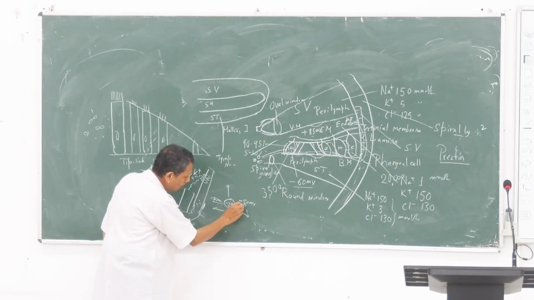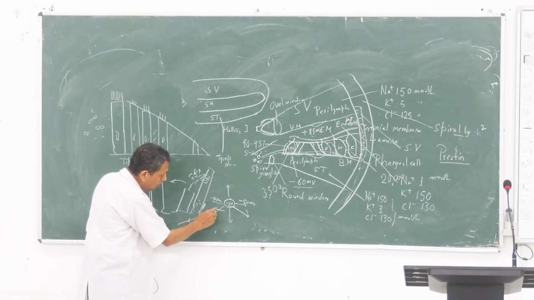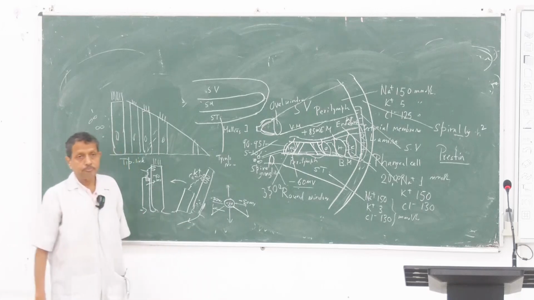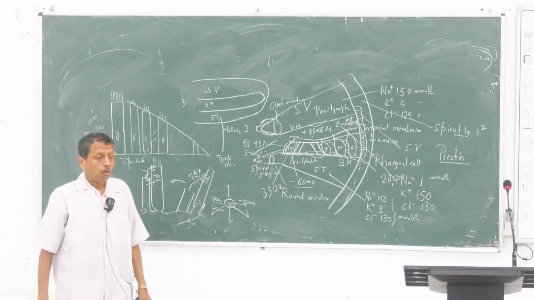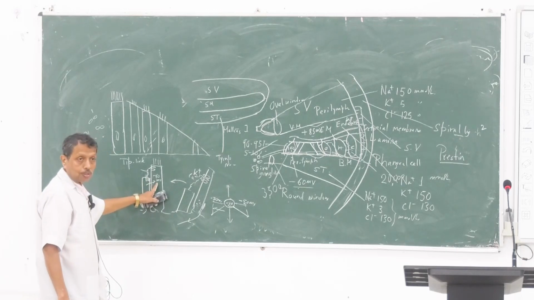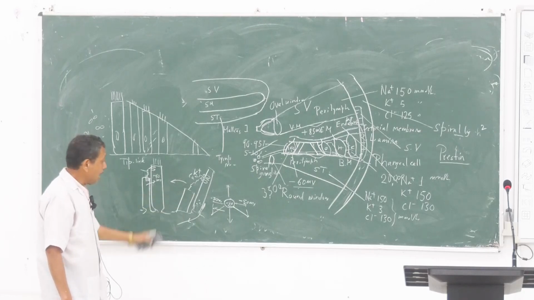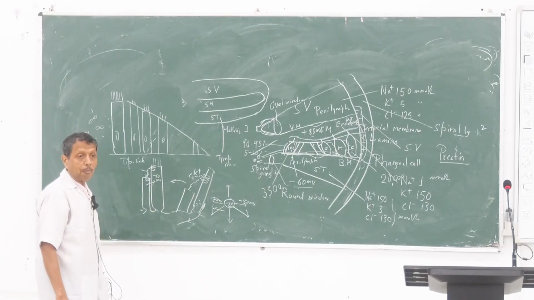So this part will cause depolarization, and if it is in this direction, then this part will cause hyperpolarization. When the smaller stereocilia push toward the taller stereocilia, there is depolarization, and in the opposite direction, hyperpolarization.